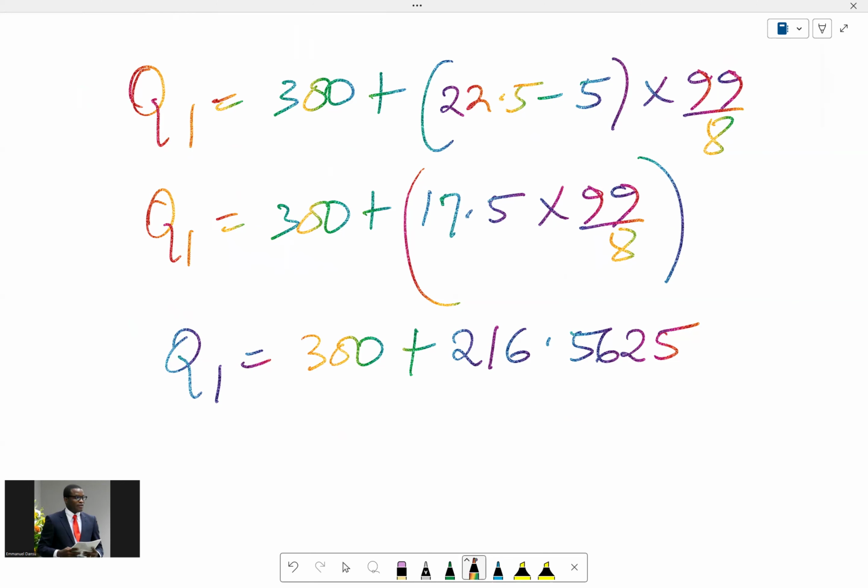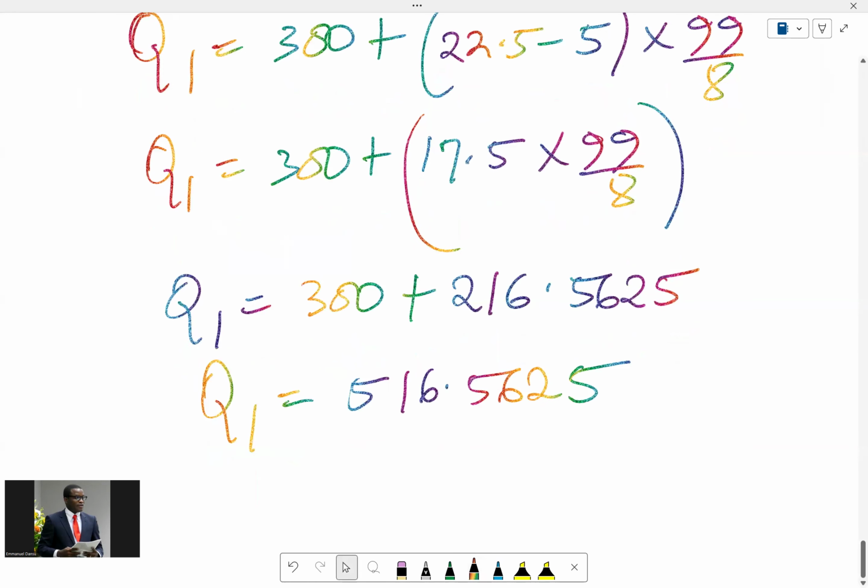Times 17.5 gives 216.5625. So it means that Q1 is simply 516.5625.